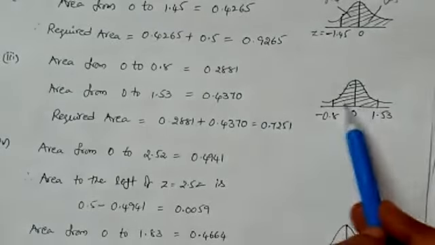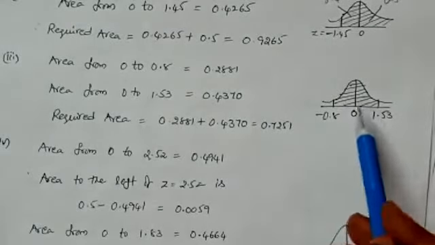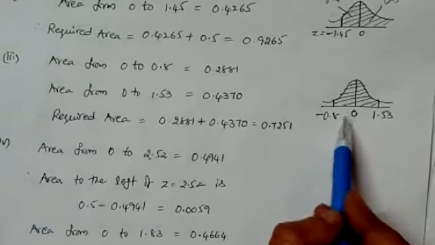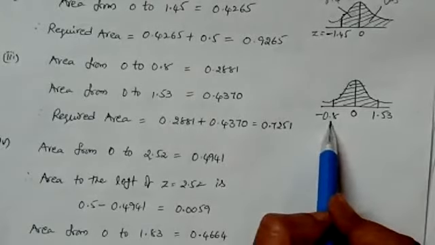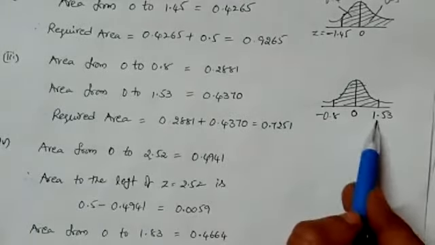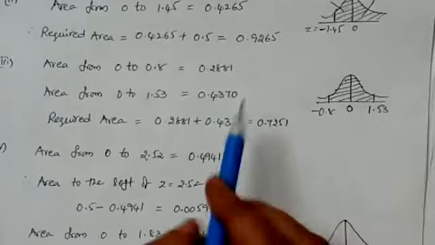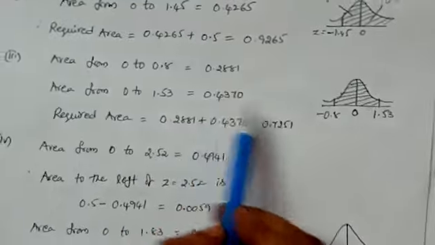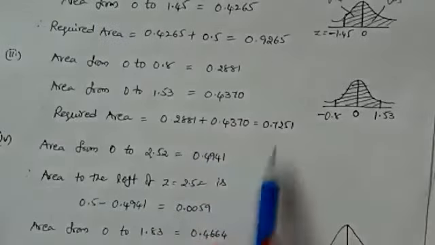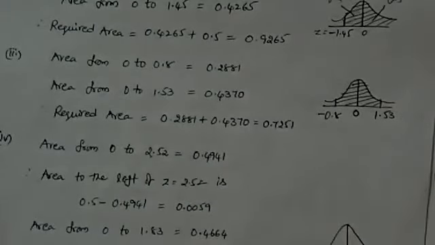So I need this in-between shaded part. First you have to find the area from 0 to 0.8, and then from 0 to 1.53, from the table values. By adding these two areas you will get the required area between minus 0.8 and 1.53.